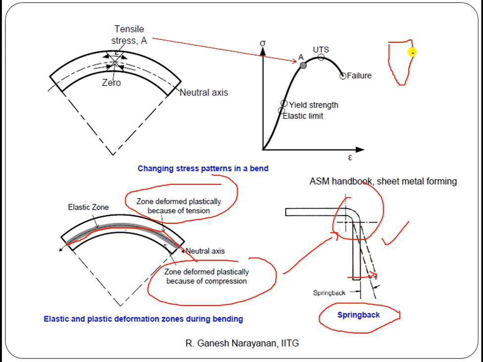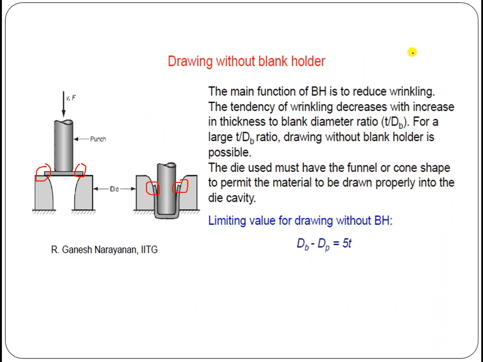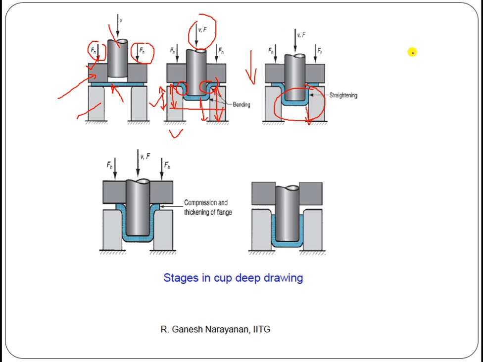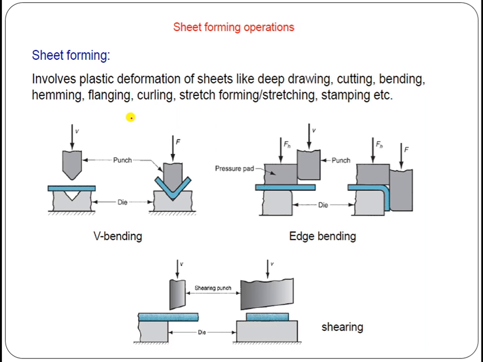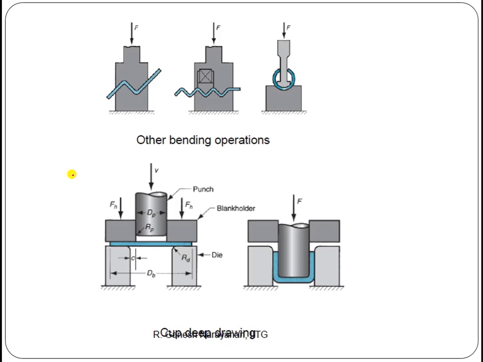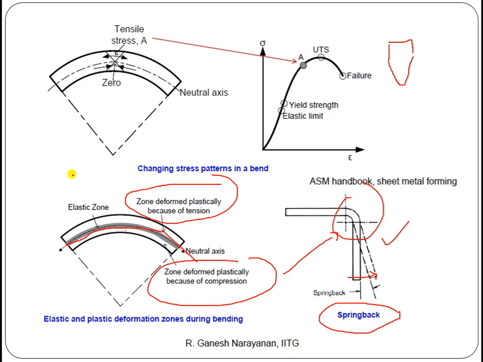Suppose this is the bending punch. This is another bending operation. So the bending angle will be properly selected to avoid the spring back effect. We will not go into the details of this, but if required we can discuss it in detail during our lectures.